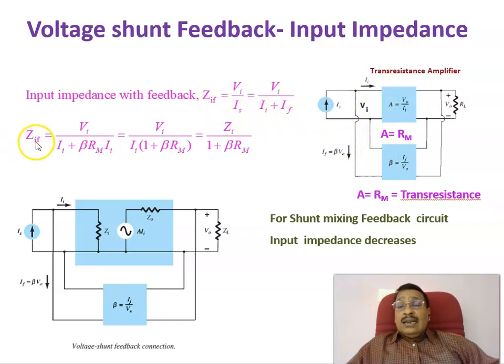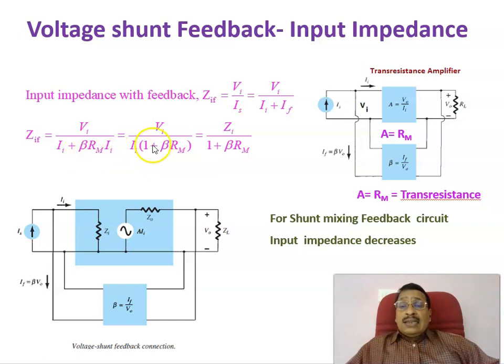Therefore, the impedance with feedback of a shunt feedback circuit is given by the input voltage Vi divided by Ii plus the feedback current. The feedback current is nothing but beta times the output voltage V naught, but V naught is equal to the input current Ii into Rm. Ii into Rm is the V naught. Substituting that, we get 1 plus beta Rm into Ii.